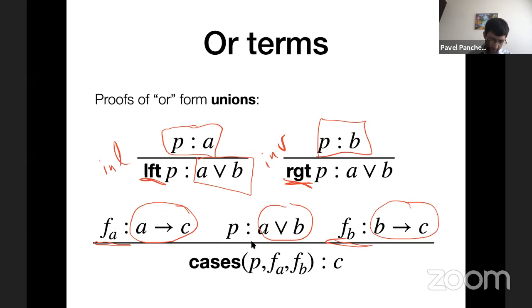We can think of them as functions. And then I'm just going to invent this notation cases for combining the P and the implication for A and the implication for B together. So those are going to be my rules for introducing and eliminating or terms. So, questions about the new syntax for elimination and introduction rules?